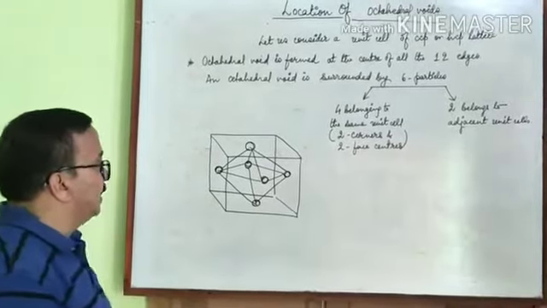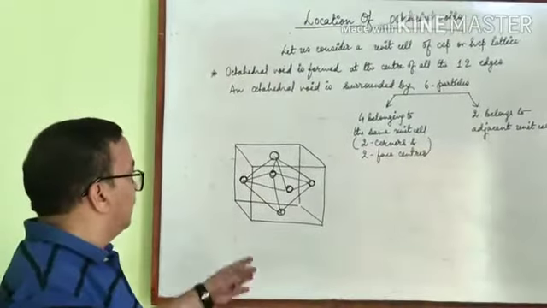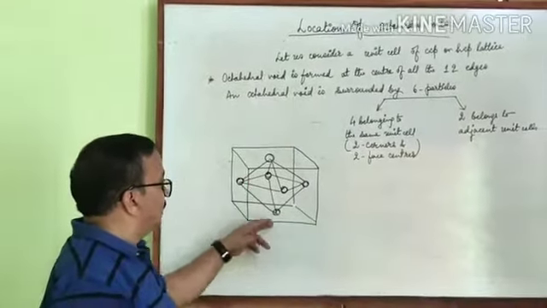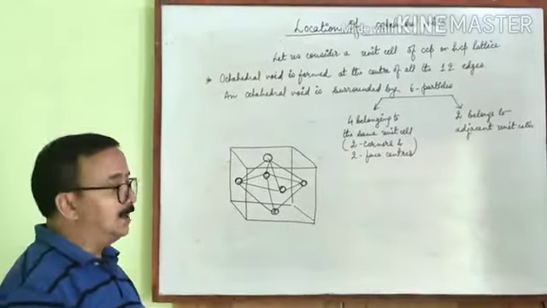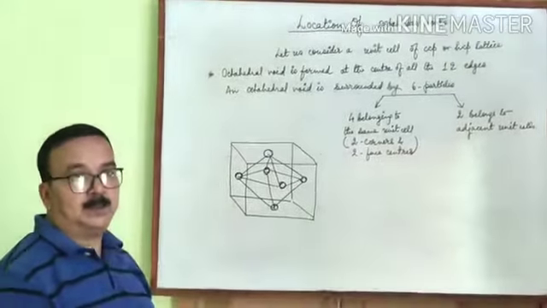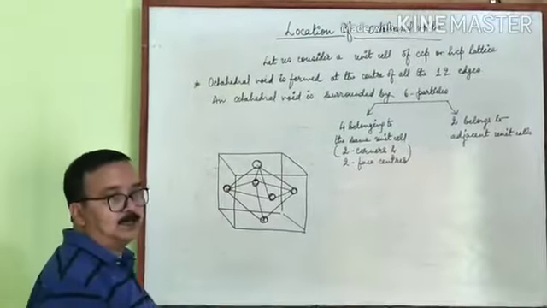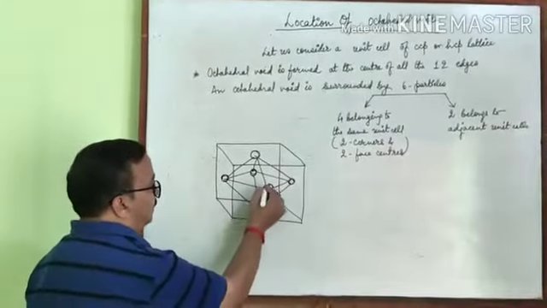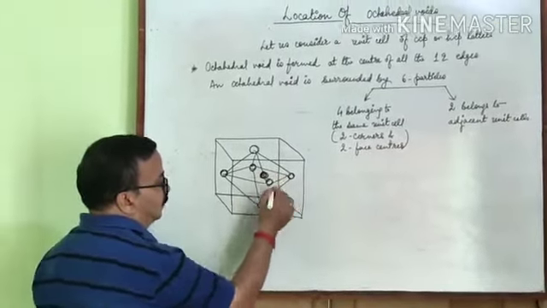then we observe that an octahedral structure is formed. Here 6 spheres are present at the center of the 6 faces, and if we join them, then we find that an octahedral void is formed, the center of which lies at the center of the unit cell.